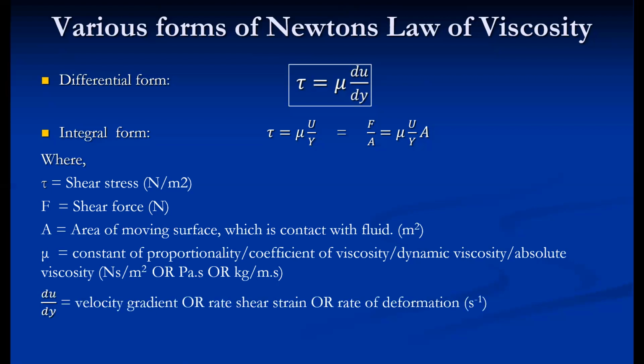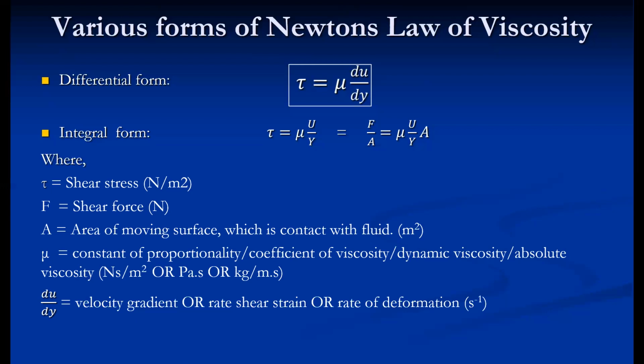Its commercial unit is different, that is Stokes. But du by dy, the velocity gradient, is also called the rate of shear strain, or the rate of deformation. Its unit is second raised to minus 1. You have to understand these terminologies well, because of solving problems.